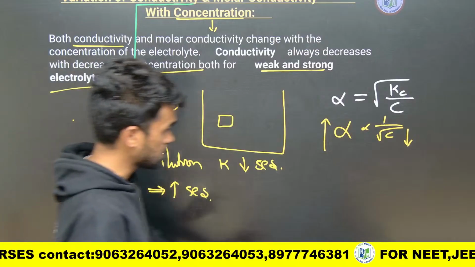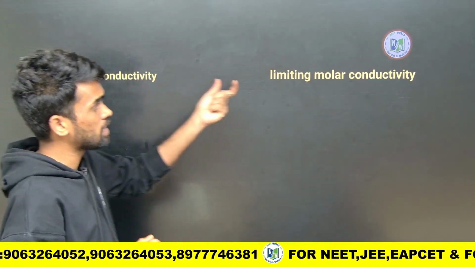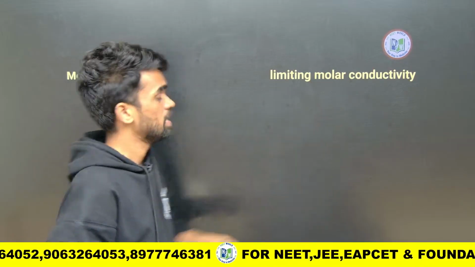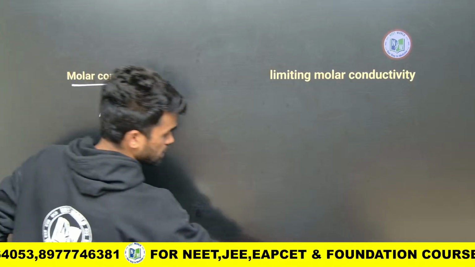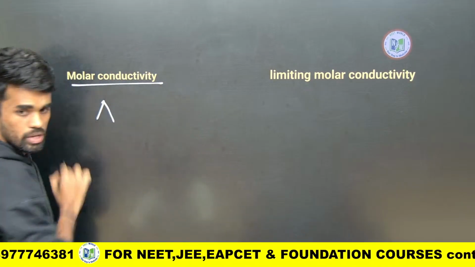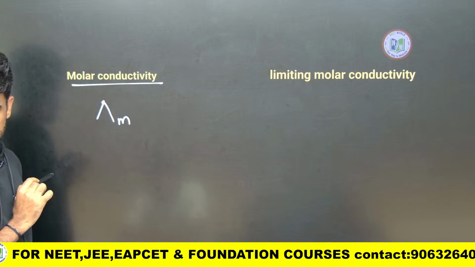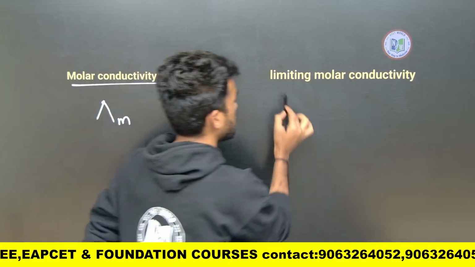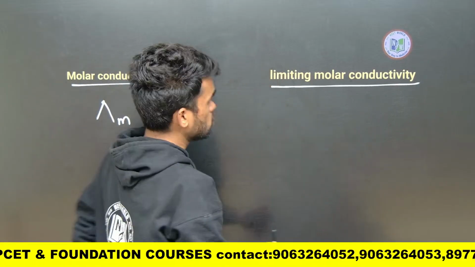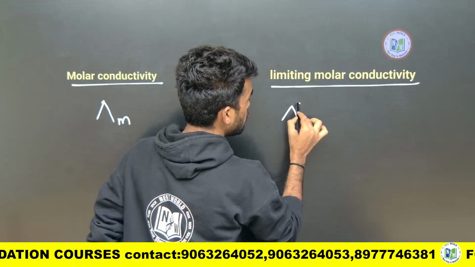Next we need to understand molar conductivity and limiting molar conductivity. Molar conductivity means the conductivity value, which I am writing as del M, at some given concentration. When we say limiting molar conductivity, this is the conductivity at zero concentration.